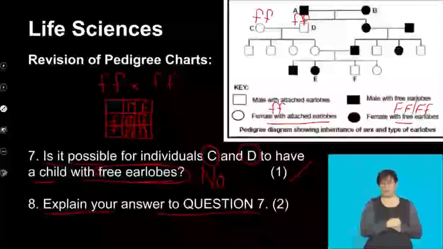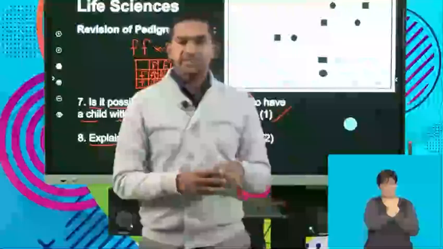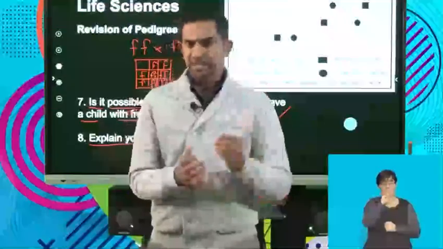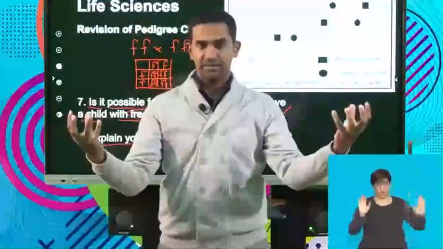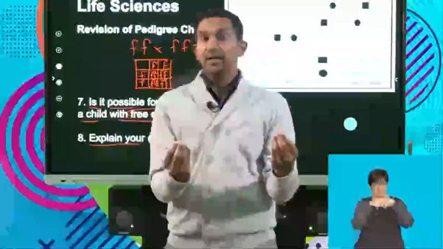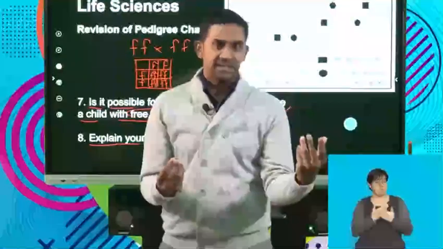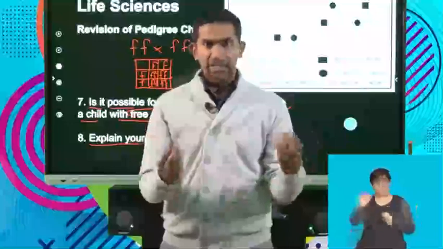Essentially, my explanation to this would be, guys, if you've got parents that are homozygous for a particular characteristic, and both these individuals we refer to as pure breeding, when we cross those individuals, the only possibility that we have in the next generation is the same characteristic appearing.